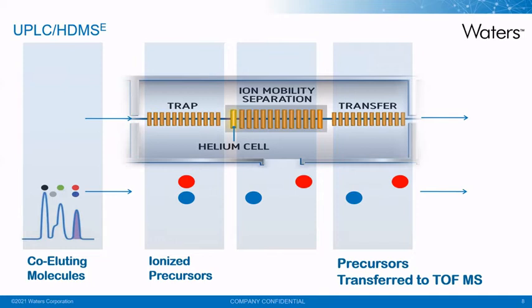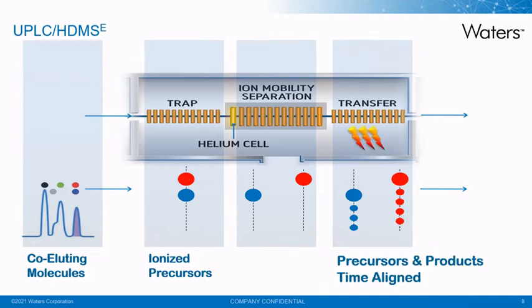So combining this with collision-induced dissociation, you can then switch to another function where these two co-eluting species are separated in the ion mobility cell, fragmented, and then these fragments with their precursors in the previous function are time aligned. So then you've got that additional separation and the clearer spectra with the fragments now associated with a time separated precursor.